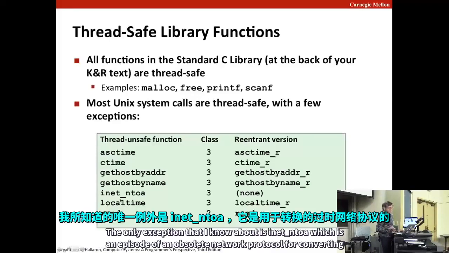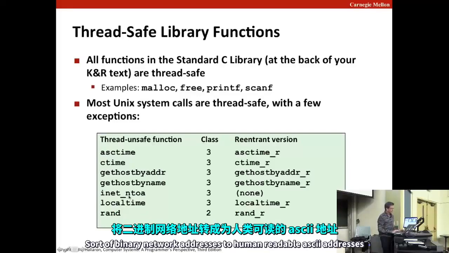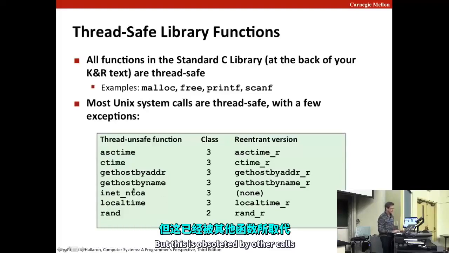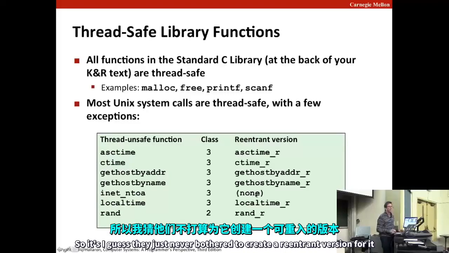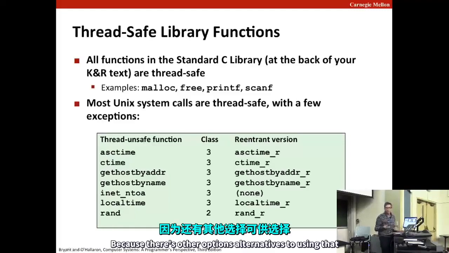The only exception that I know about is inet_ntoa, which is an obsolete function for converting binary network addresses to human-readable ASCII addresses. It has been obsoleted by other calls, so I guess they never bothered to create a reentrant version for it because there are alternatives.